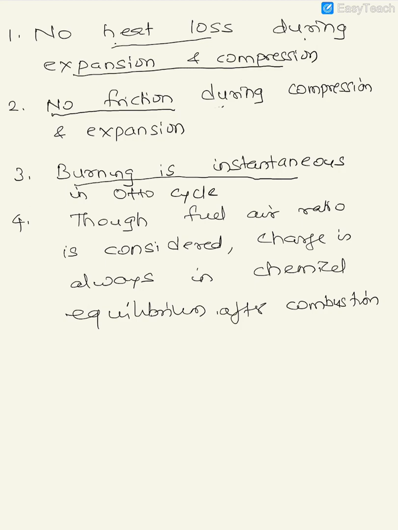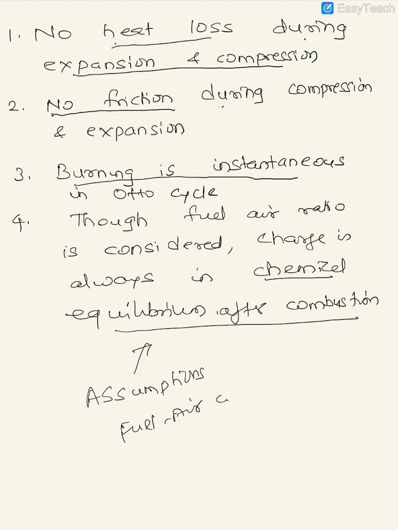Okay, and we also assume that there is a chemical equilibrium after combustion. So all these assumptions during the fuel air cycle analysis would deviate this cycle from the actual cycle, which we are going to discuss later.